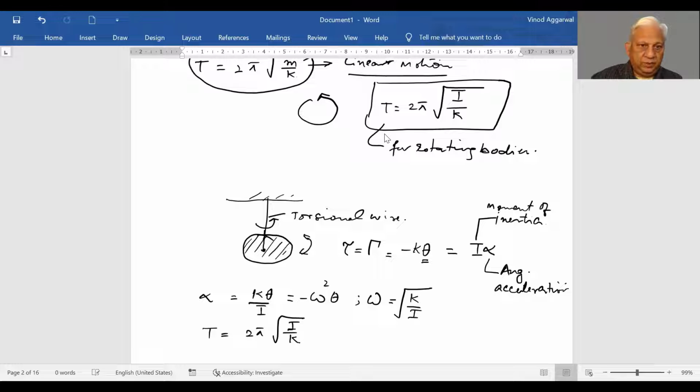This is in case of a rotating body or a torsional pendulum.